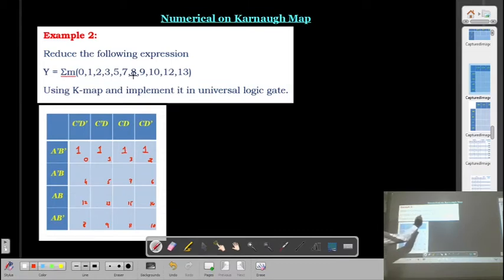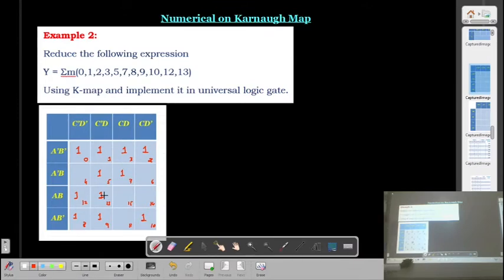Then 5, 7, 8, 9. So where is 5? 5, 7, 8 and 9. Then 10, 12 and 13. These are the positions of your min terms.